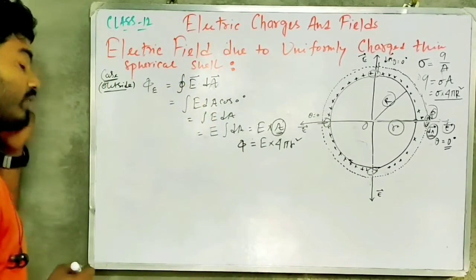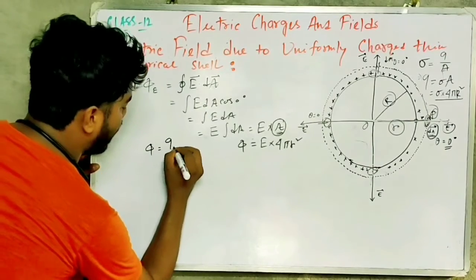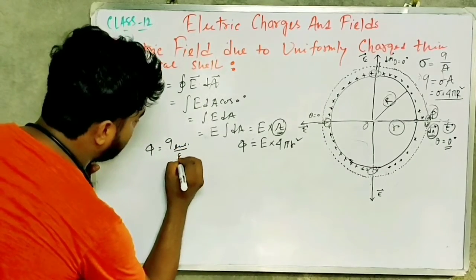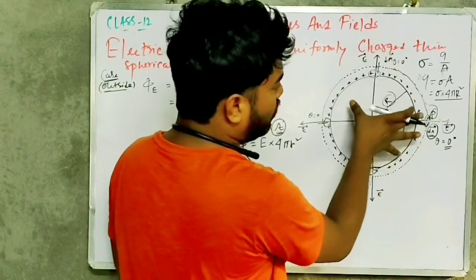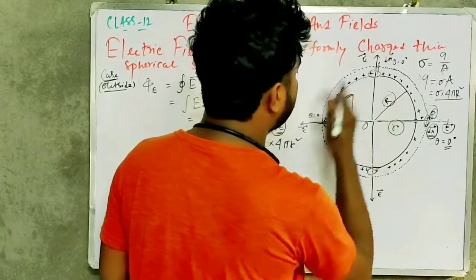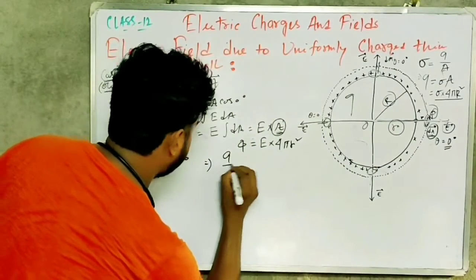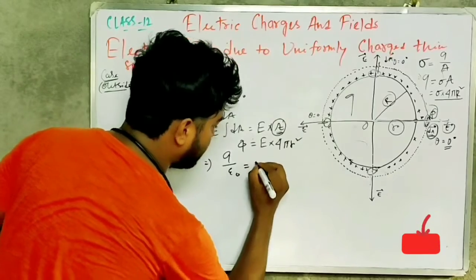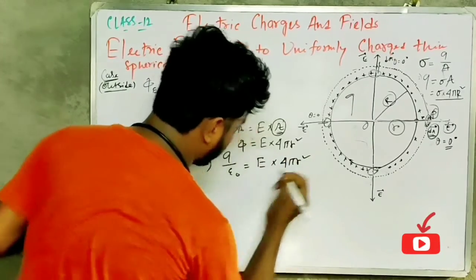Now according to Gauss theorem, we know that the electric flux phi is equal to the charge enclosed divided by epsilon naught. Here the enclosed charge is Q. So putting the values, Q divided by epsilon naught is equal to E into 4 pi r square.